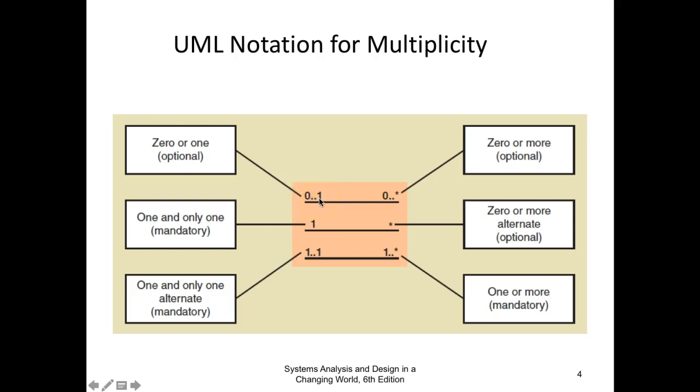The maximum is 1. Think about marriage in the society. 1 and only 1. Think about the order we just talked about. Associated with 1 and only 1 customer. And some people write that 1 dot dot 1. That's the same idea.